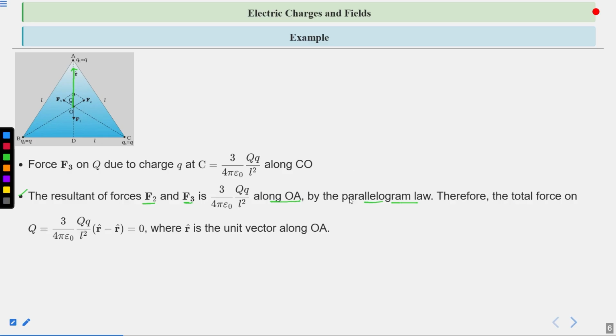Therefore, the total force on Q placed at the centroid of the triangle will be 3 divided by 4 pi epsilon naught, Qq divided by L square, times r cap minus r cap, which is equal to 0, where r cap is the unit vector along OA.